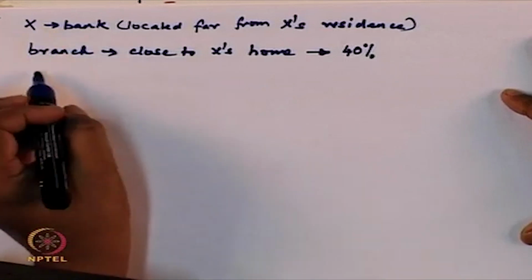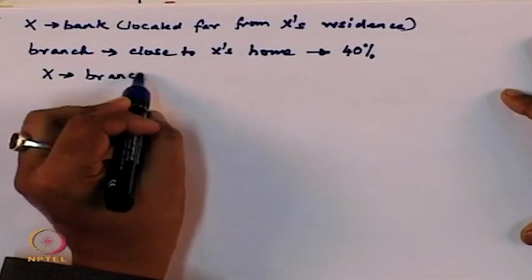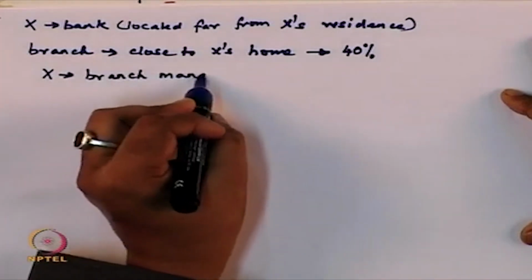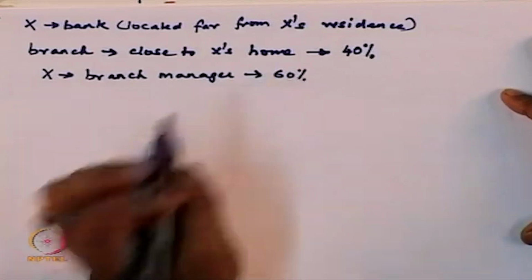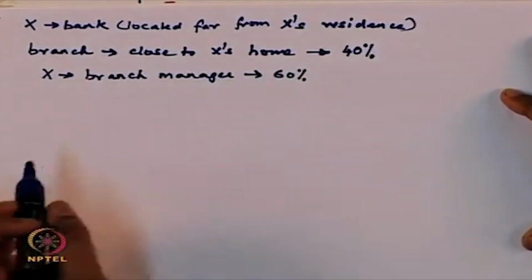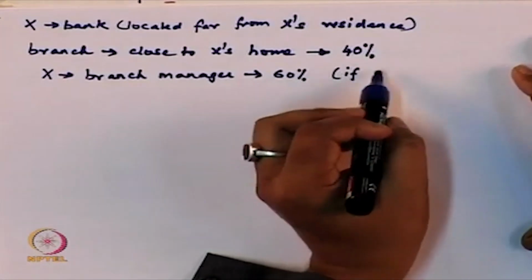Let us say the chance that the branch is opened close to X's home is 40%. And if the bank does open a branch close to X's home, the chance that X becomes the branch manager is 60%. So, X becomes the branch manager with 60% if this particular branch is opened.